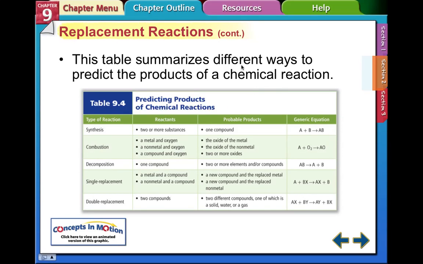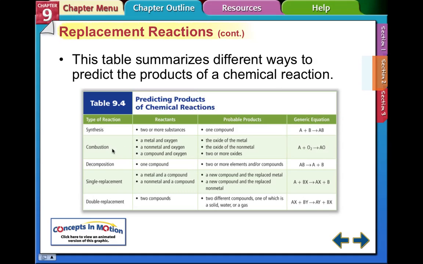This table summarizes different ways to predict the product of chemical reactions. If you have a synthesis reaction, you're going to have 2 or more substances as reactants and 1 compound as your product, something similar to A plus B yields AB.